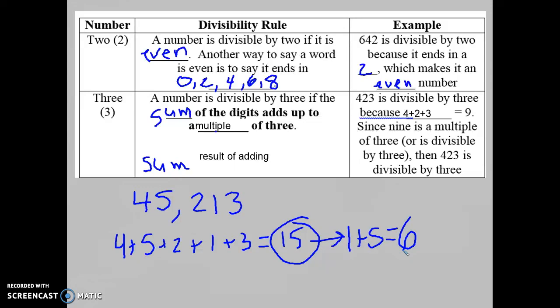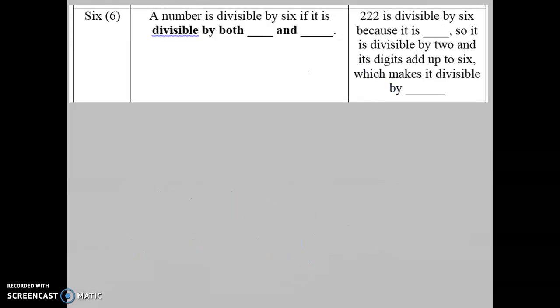So if you end with a really large number and you're still not sure that that number is a multiple of 3, then continue that again and add up all the digits again to see if you have a multiple of 3. You can continue that on all the way down until you have a single digit number. Now, 6.